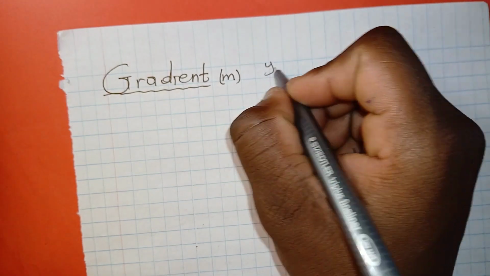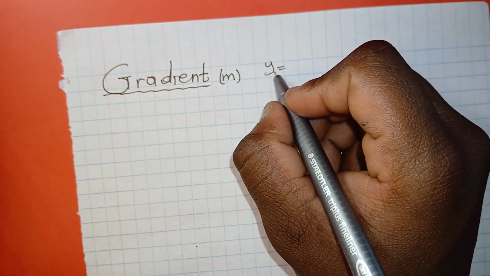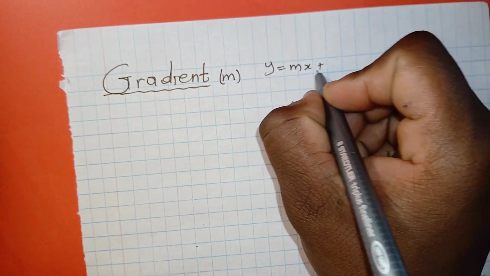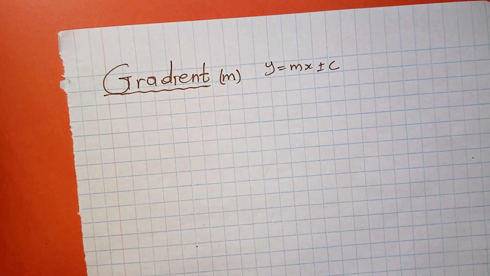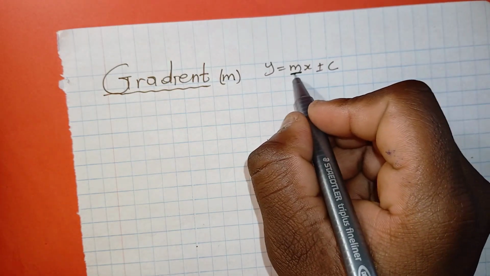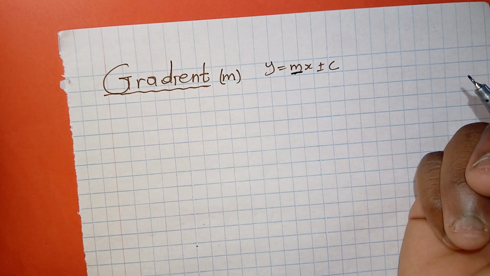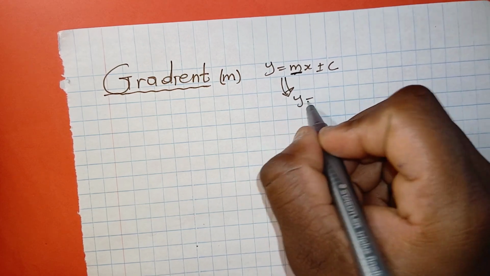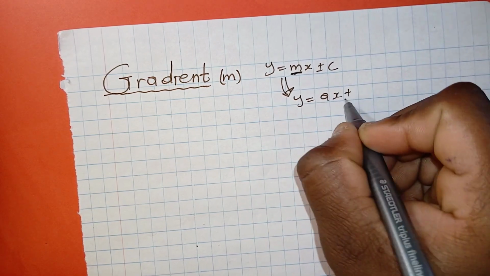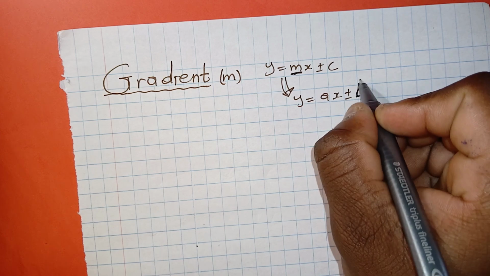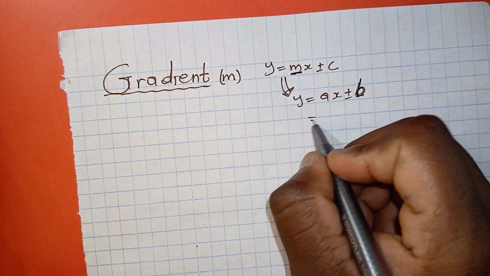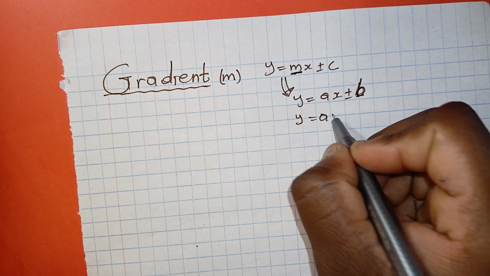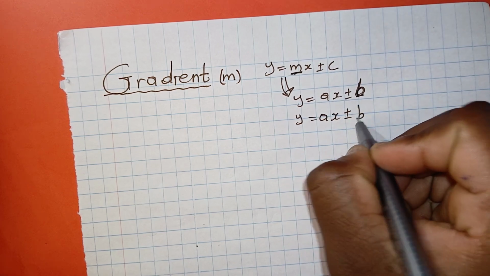That's why most of the time when you get the equation for a straight line, you'll get mx plus or minus c, where m represents your gradient. The reason I turned that equation into something like x plus or minus b is because I want to do a comparison between these two equations.